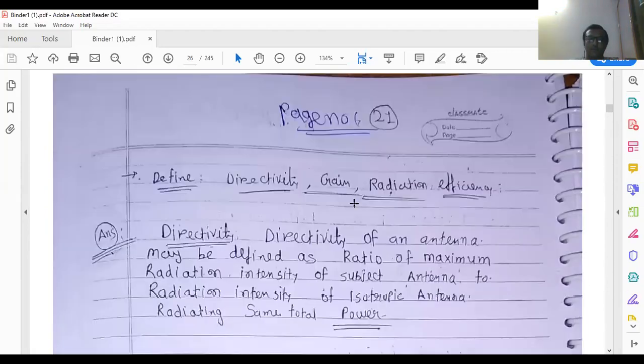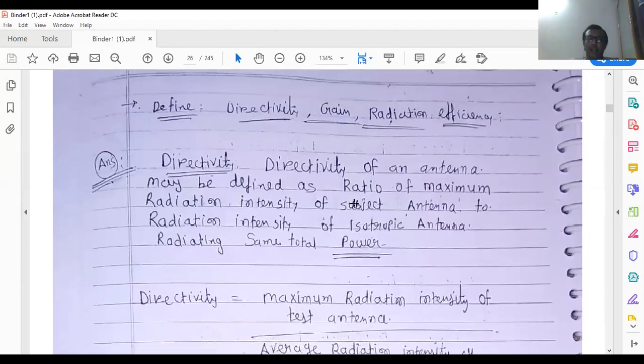Now, directivity, gain, and radiation efficiency. It is the most important. The relation between directivity and gain is also important. What is the notation of directivity? It is denoted by D. K is the radiation efficiency.